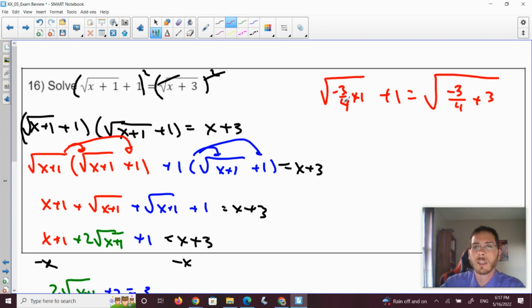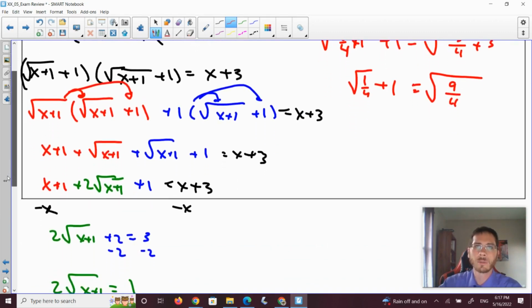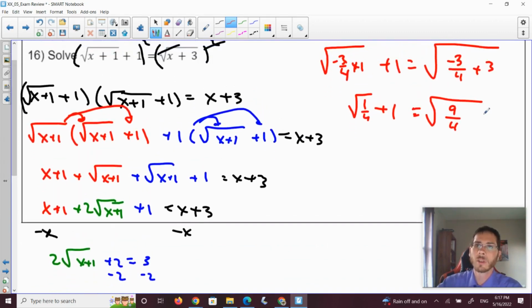All right, well, negative 3/4 plus 1 is square root of 1/4. That's okay. So I'm back to positive, so that's good. The other side, we get square root of 12/4, so 9/4. All right, we got rid of all the negatives, so far so good.